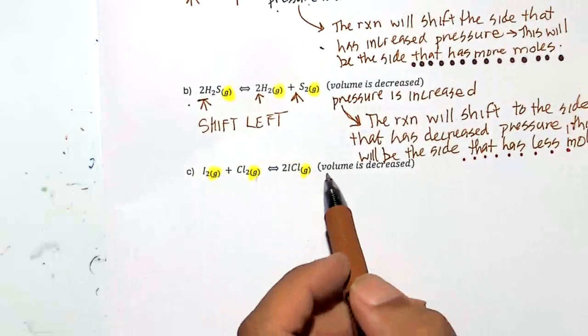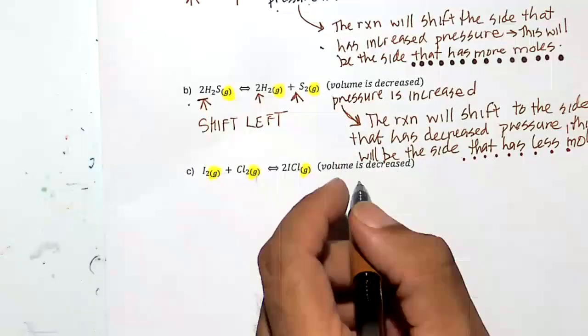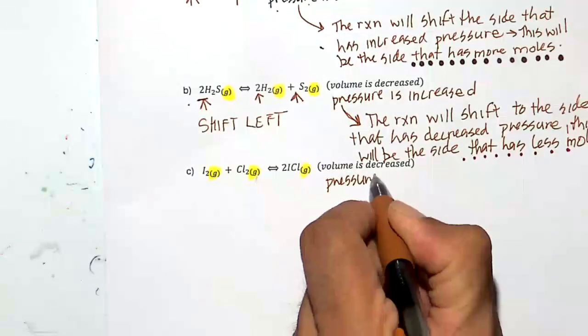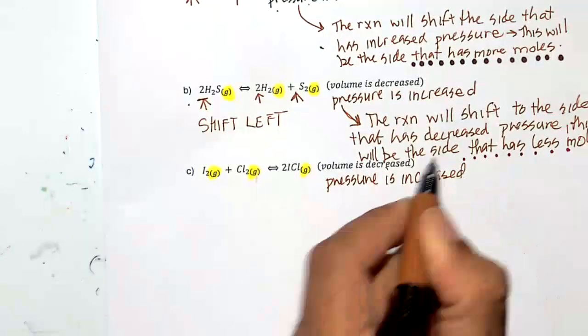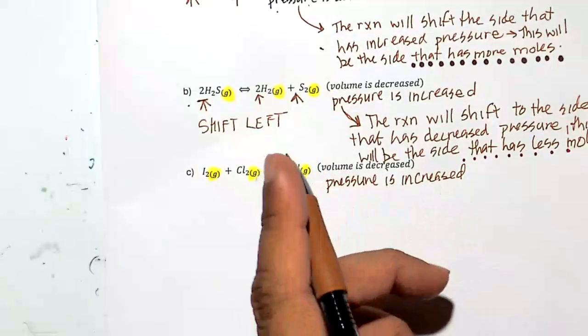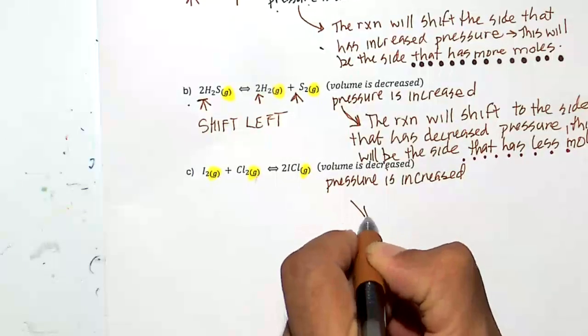All right, so here volume is decreased. What's the same thing as decreasing the volume? Increasing the pressure. As we mentioned up above, if you increase the pressure, which way will the reaction go? To the side that has more pressure or less pressure?